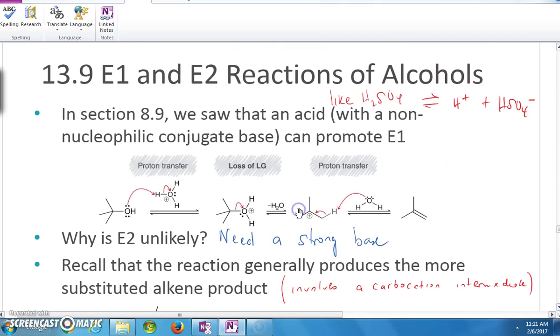Now, in section 8.9, we saw that an acid like sulfuric acid has a non-nucleophilic conjugate base.